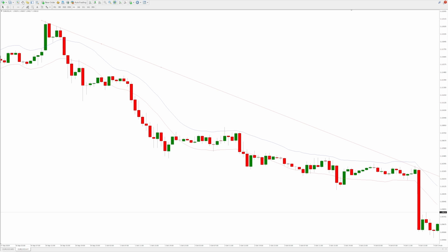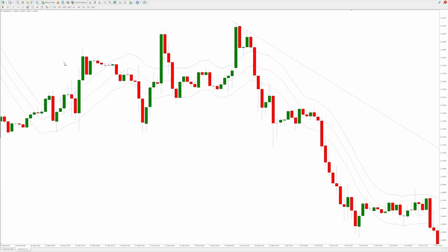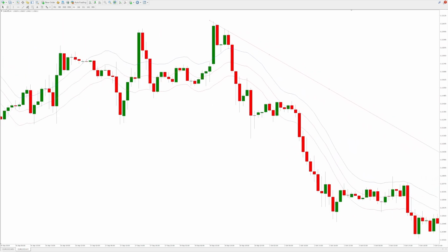I mean, if we put a moving average with the same period as the envelopes on the chart, you can see that it's bang in the middle of the upper and lower envelope. And some people actually would use this as an exit point or a time to move your stop loss to break even, or as a trailing stop.